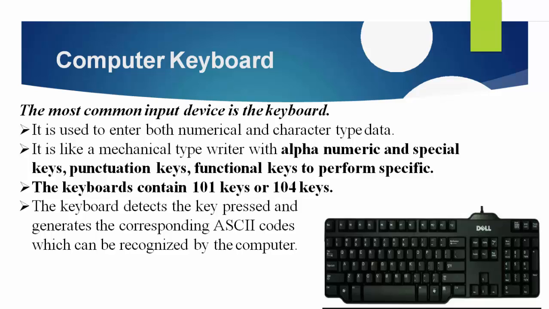The computer recognizes only the ASCII code instead of alphabets. So if I give the input as A, the computer understands by converting the alphabet A into its ASCII code, 65.